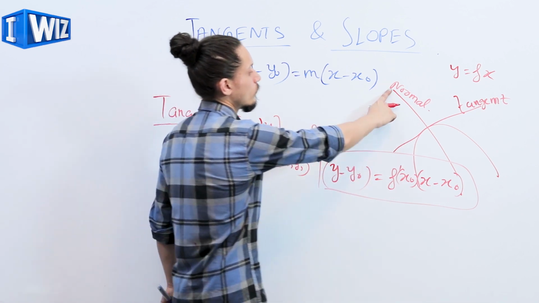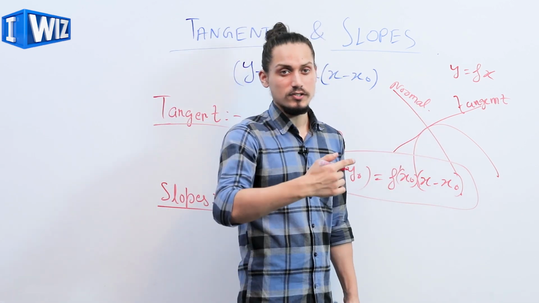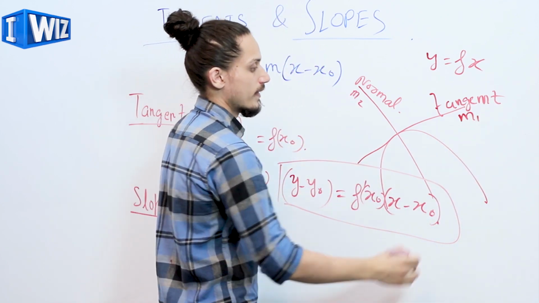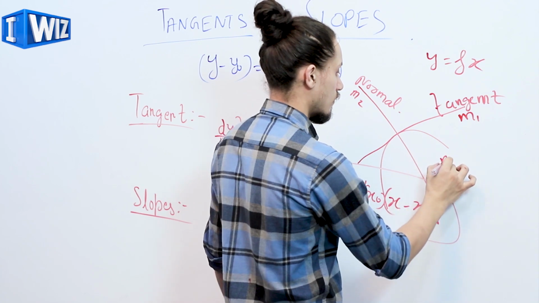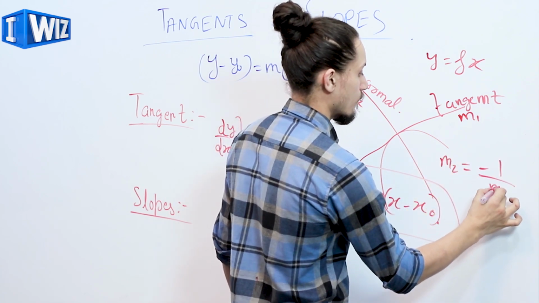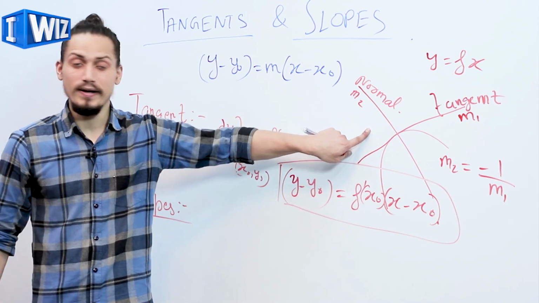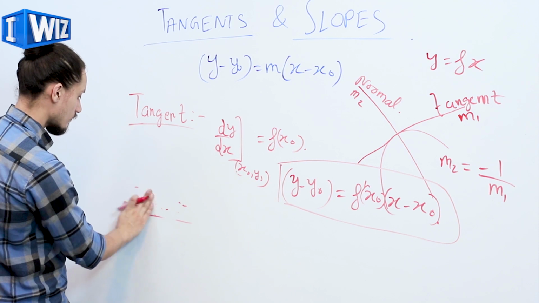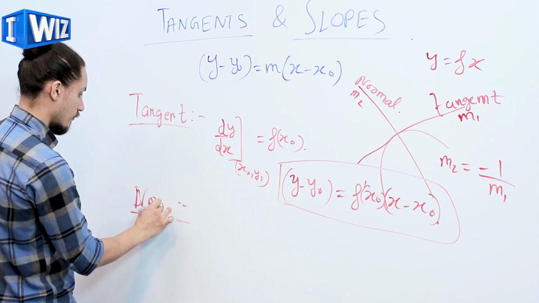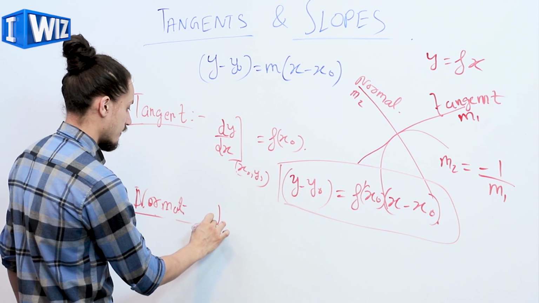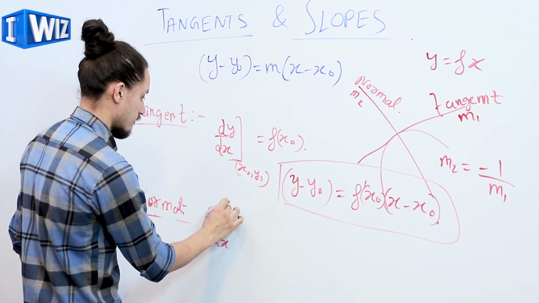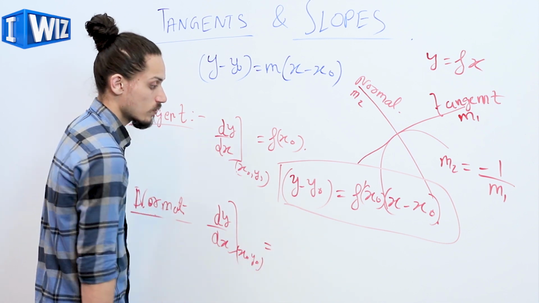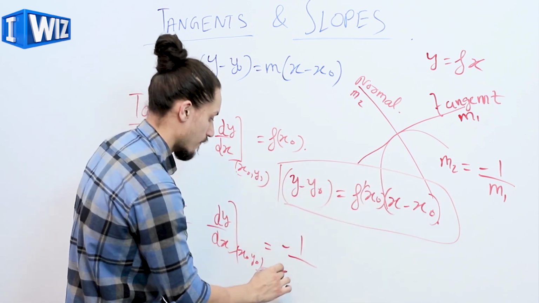Now we know if two lines are perpendicular to each other, and the slope of one is m1 and the slope of the other is m2, then m2 will be equal to minus 1 upon m1. So here the normal is perpendicular to the tangent, so the slope of the normal will be given by minus 1 upon m1.